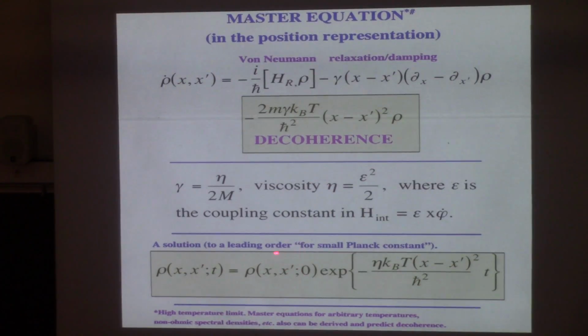It simply says that whatever you had initially as a density matrix is going to be modified in such a way that when x is equal to x prime, on the diagonal, nothing happens because x minus x prime is 0. However, away from the diagonal, you're going to damp at a rate given by this and proportionally to how far or how long you wait.